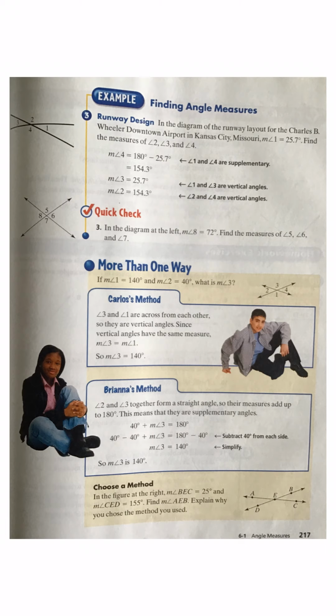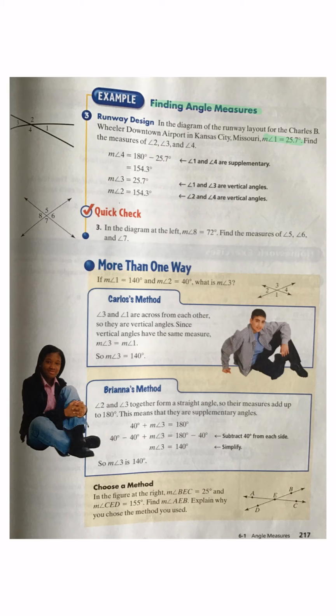Let's look at an example of finding angle measures. So, a runway design. In the diagram of a runway layout for Charles B. Wheeler Downtown Airport in Kansas City, Missouri, measure angle 1 equals 25.7 degrees.